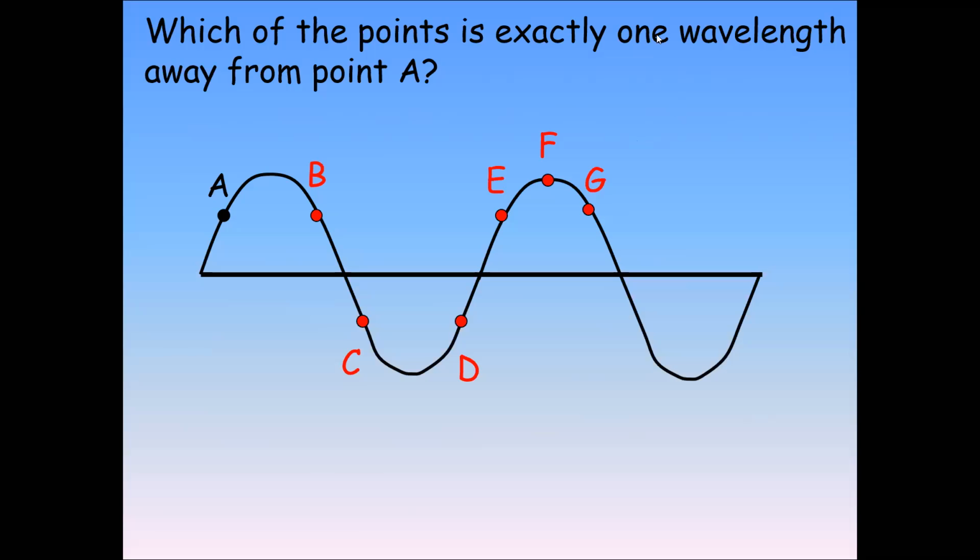Which of the points are exactly one wavelength from A? Which point is one complete wavelength from A? Answer is E, that's right.